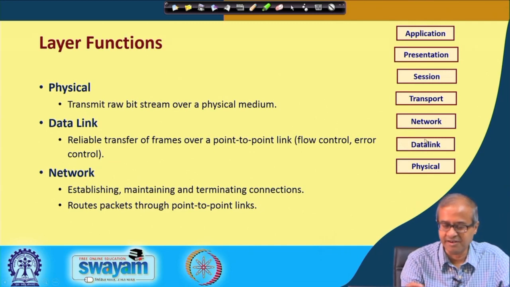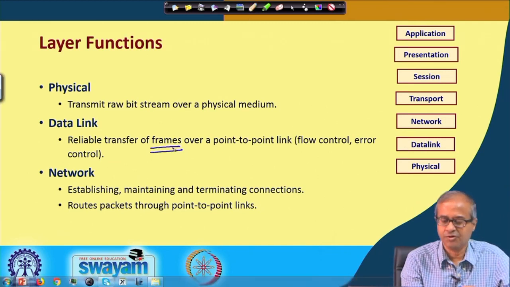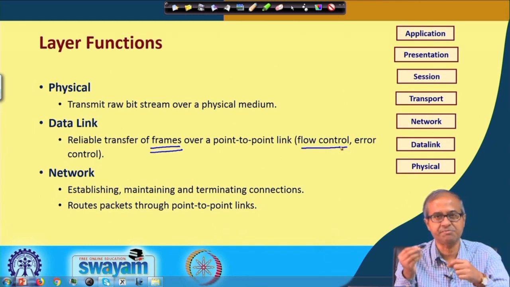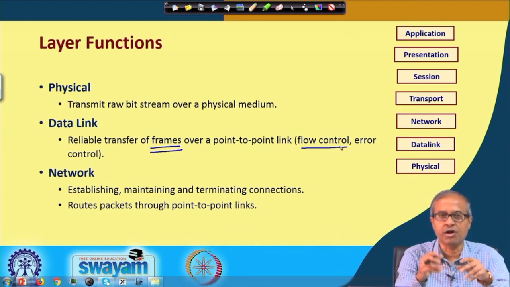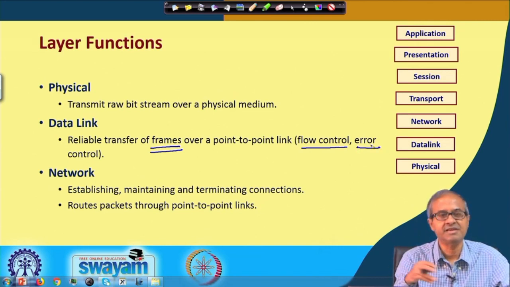At this level, the data unit is called a frame over a point to point link. It also takes into account flow control. That means, if there is a speed mismatch, it can slow down or speed up the rate of data transfer. If there are some errors, it will try to handle the error and retransmit that frame again, and so on.